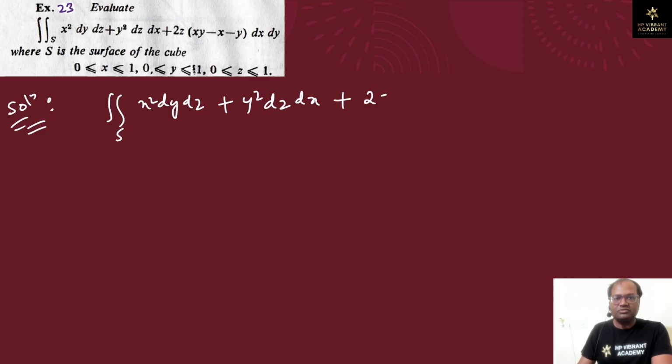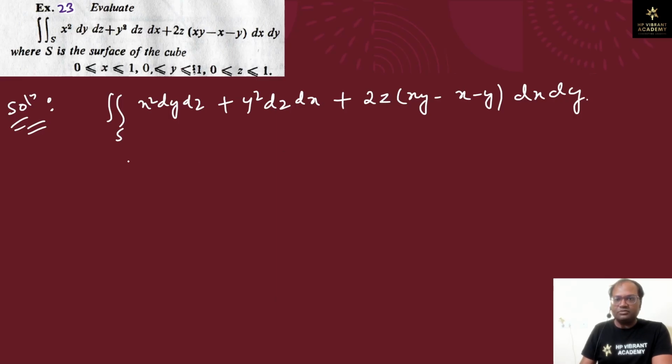Now let us discuss question number 23, how we can solve this. We have to evaluate surface integral x square dy dz plus y square dz dx plus 2z xy minus x minus y dx dy.